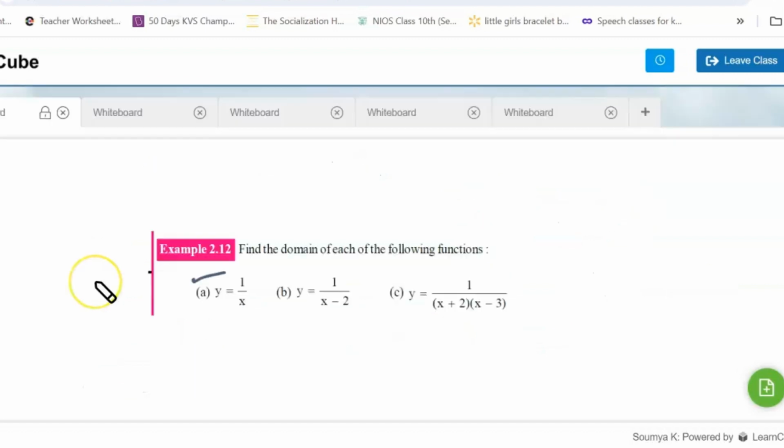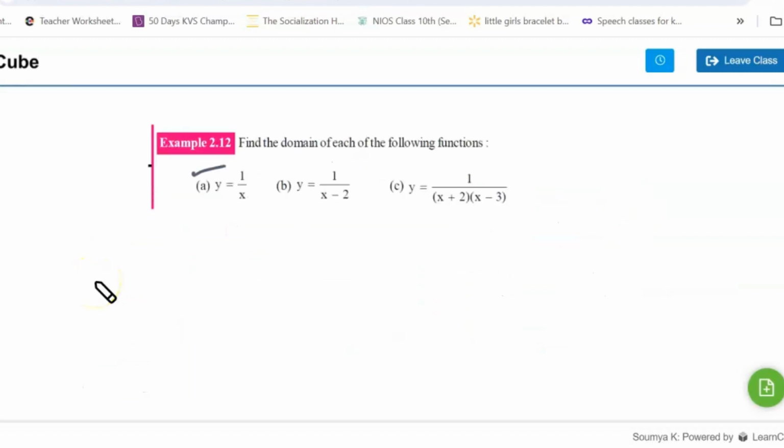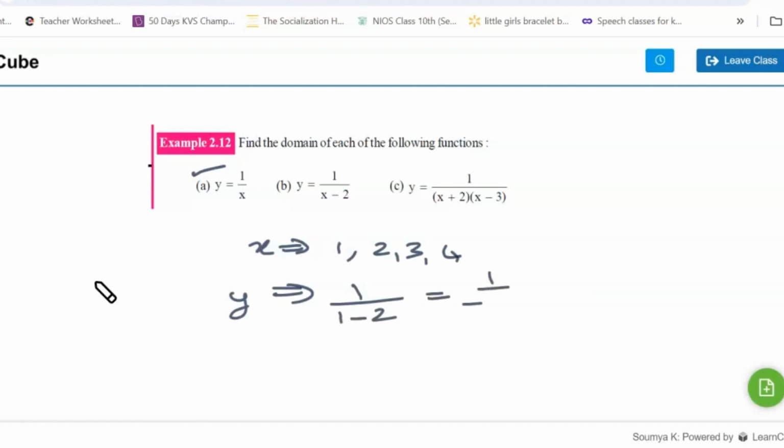And second question is y is equal to 1 by x minus 2. The same way if you do, let's take some positive values of x. Okay, if it is 1, 2, 3, 4, what will be the output? Y will be 1 by 1 minus 2. That will give you the answer as 1 by minus 1, that is minus 1.